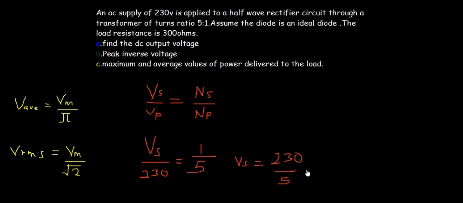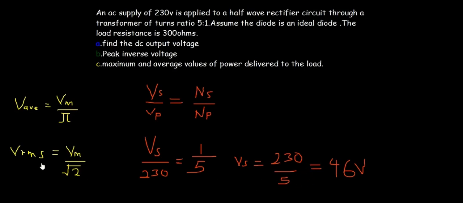That gives me 46 volts. So that's the voltage on the secondary side, and that's our VRMS value.